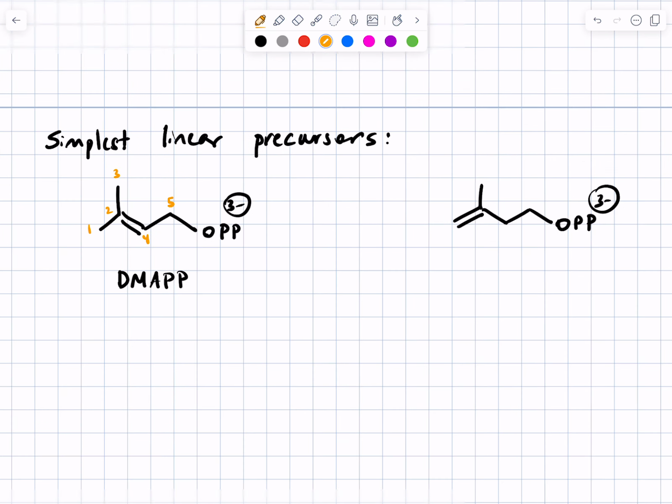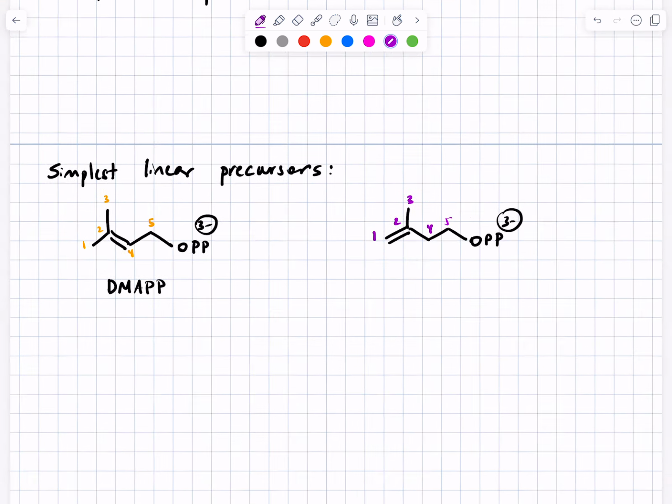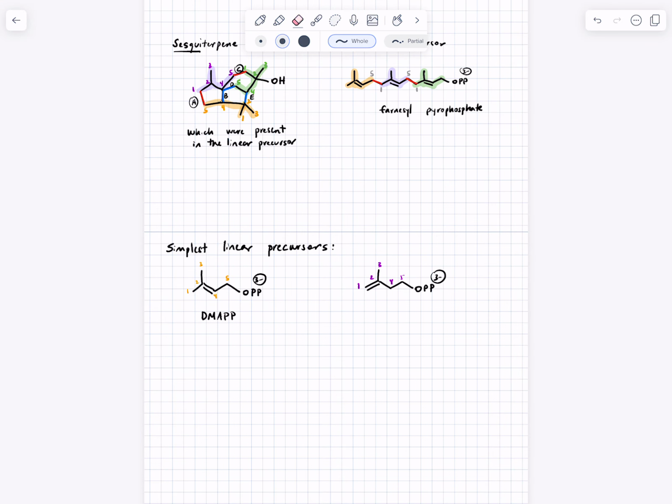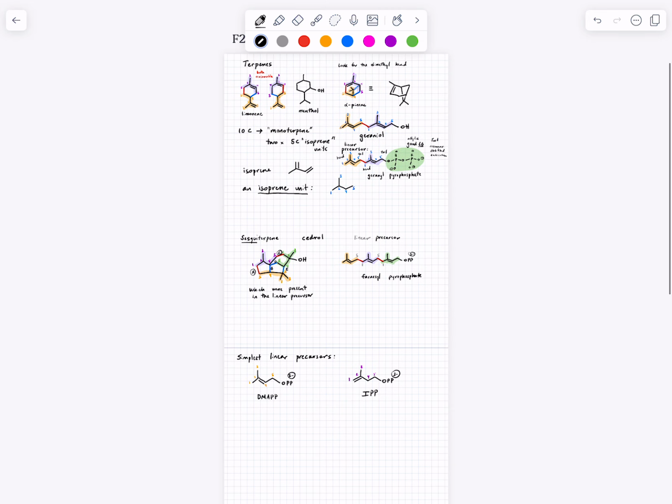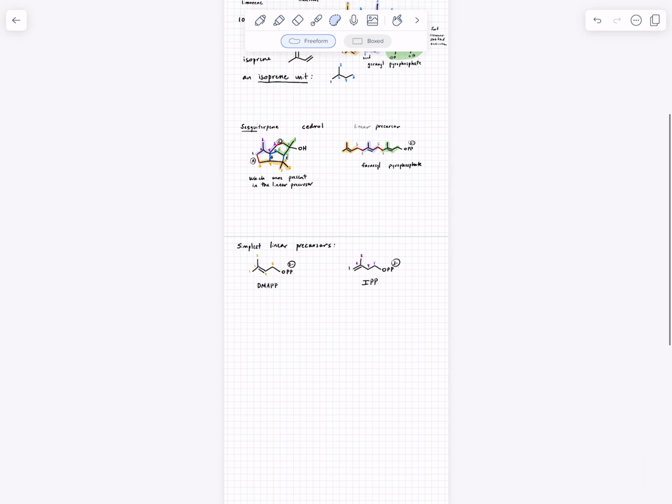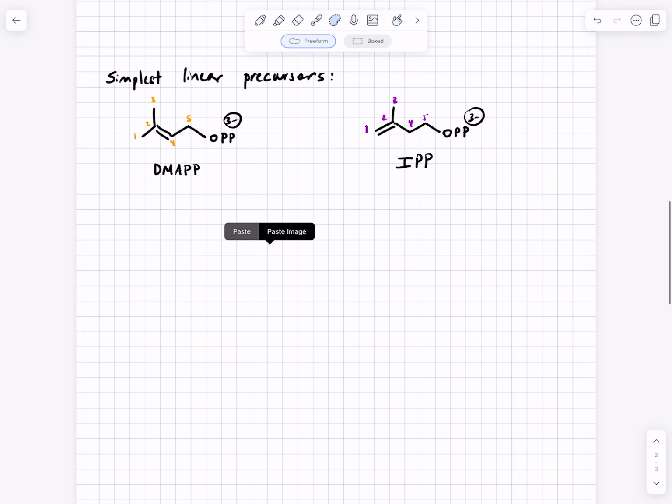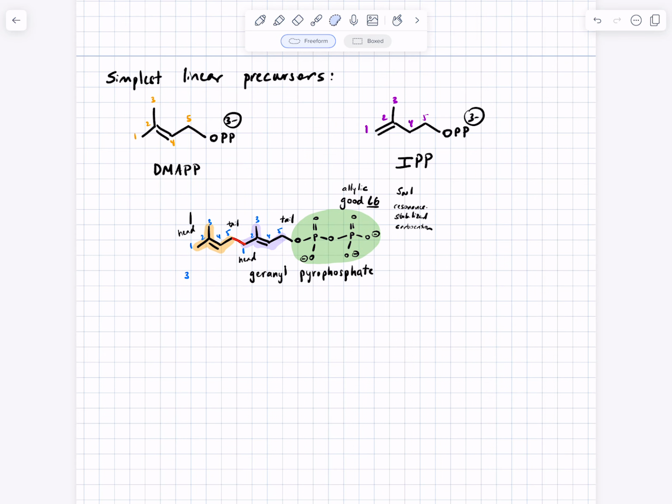And I'm going to continue to use the colors orange and purple because if we compare these 2 precursors, this one is called isopentenyl pyrophosphate, or IPP. If you look at this linear precursor, geranyl pyrophosphate, the way we've colored the isoprene units is going to be consistent.